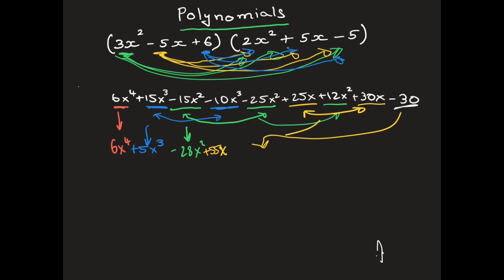Bring that down, minus 30. And that would be all our combined solutions. So our final answer is 6x to the power of 4 plus 5x cubed minus 28x squared plus 55x minus 30.